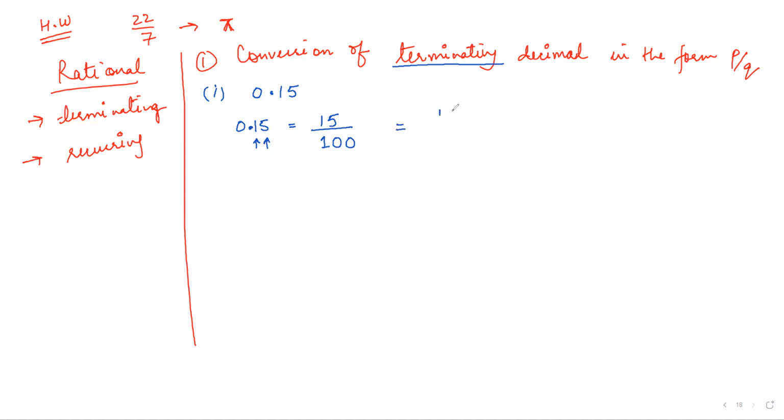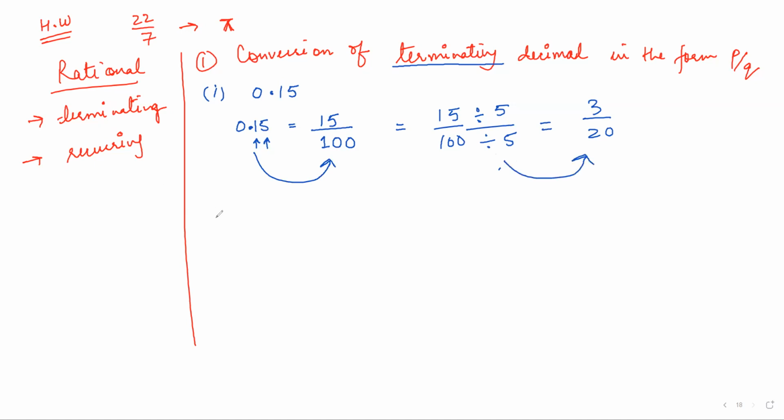In the next step I'm dividing the numerator by 5 and the denominator by 5, and then I'll get 3 by 20. Then I have divided both numerator and denominator by 5 and I've got this.